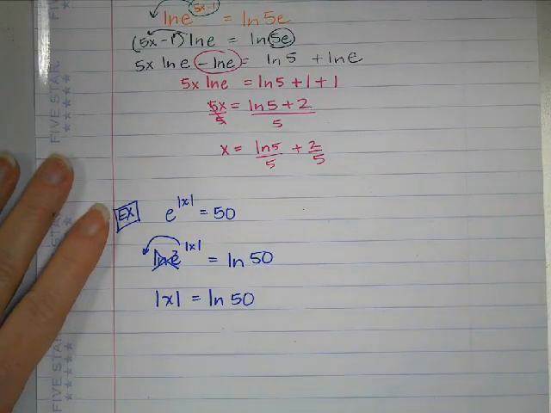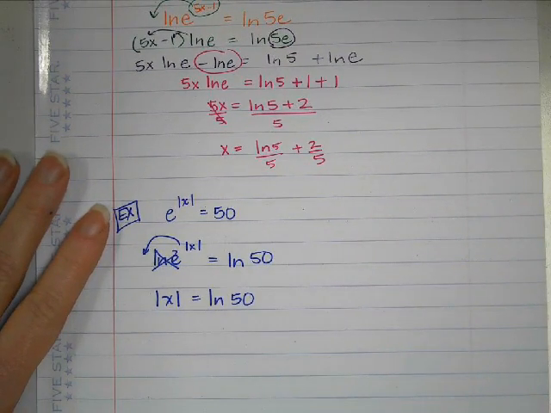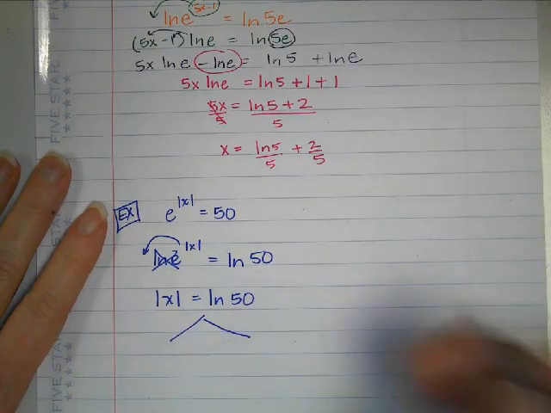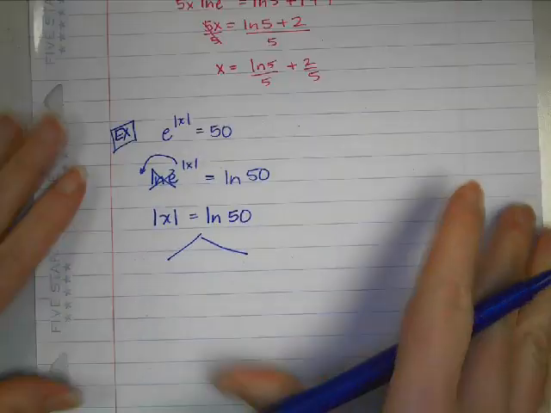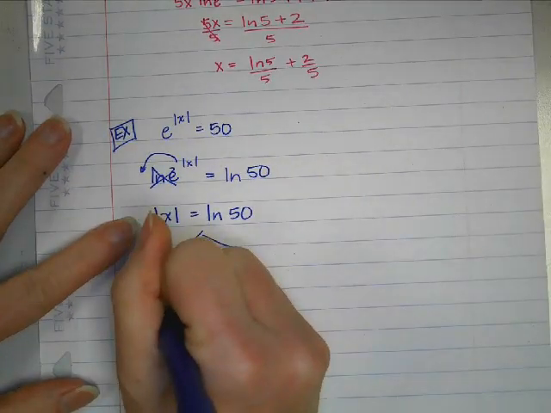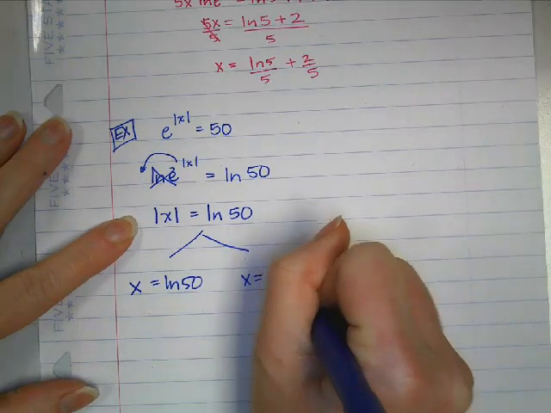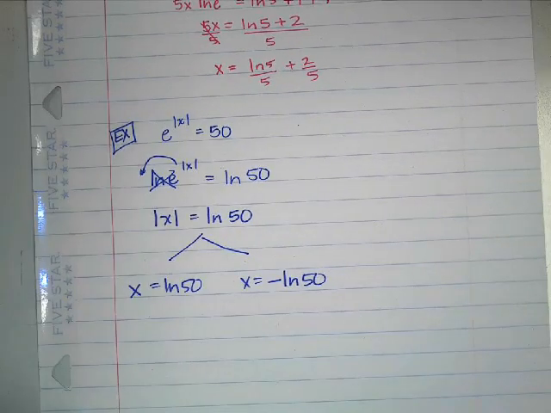Now, a reminder about solving absolute values. Whenever you solve an absolute value, you actually split it into two equations, positive and negative. So it becomes x equals natural log 50 and x equals negative natural log 50. You cannot take the log of a negative, but you can have a log that's negative.